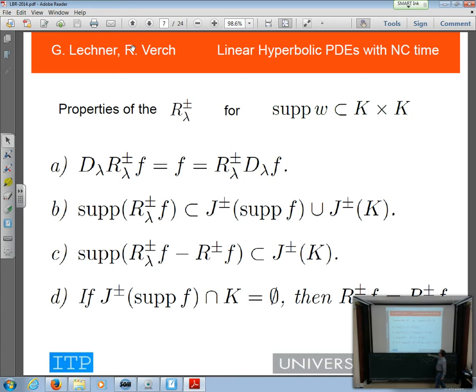Moreover, the deviation of the supports is characterized by the causal shadow of the target and source region of the operator. And if the causal shadow of the function does not intersect this target or source region of W, then the fundamental solutions of the perturbed operator coincide with the unperturbed.